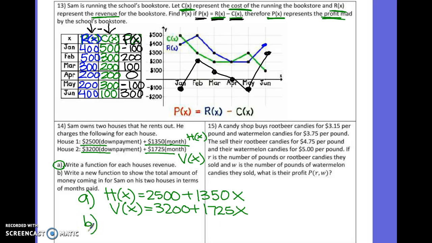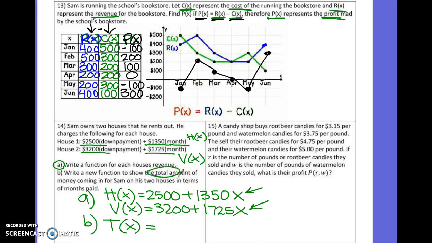Okay, part B. Write a new function to show the total amount of money coming in for Sam on his 2 houses in terms of the months paid. So I'm going to use T for the total amount of money that Sam gets. Well, this is how much Sam makes on the first house, and this is how much Sam makes on the second house. So we want to combine, or we want the total.